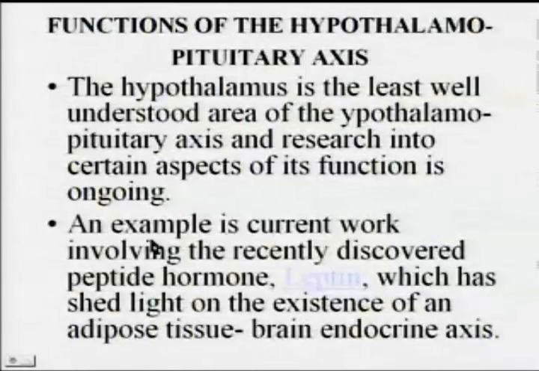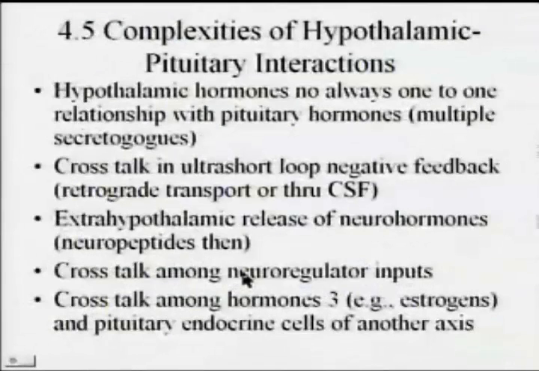An example is current work involving the recently discovered peptide hormone, leptin, that I told you about, that somehow gets through the blood-brain barrier and into the ventromedial hypothalamic nucleus, binds to its receptor, and has potent effects on the organism. So it has shed light on the existence of an adipose tissue brain endocrine axis, as I had mentioned.